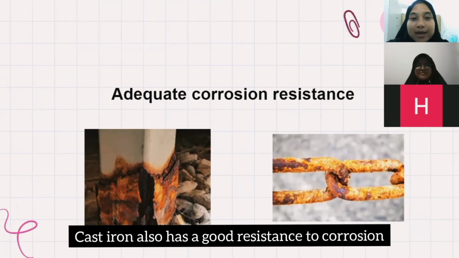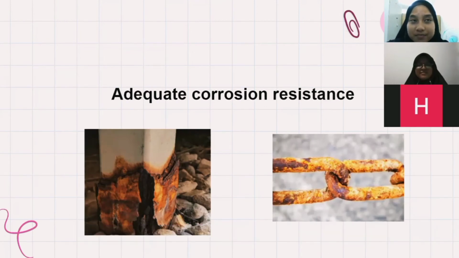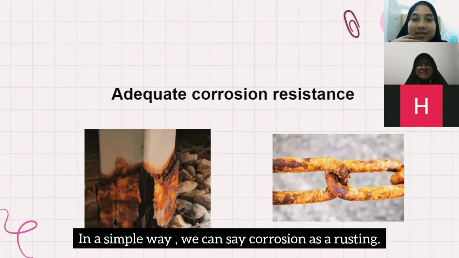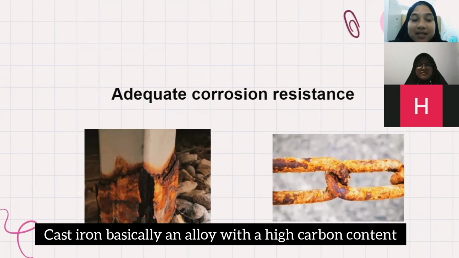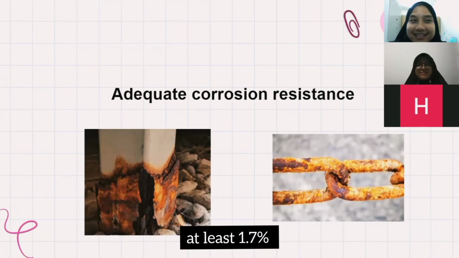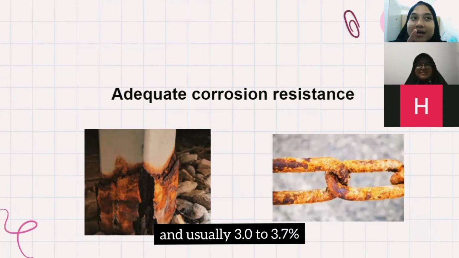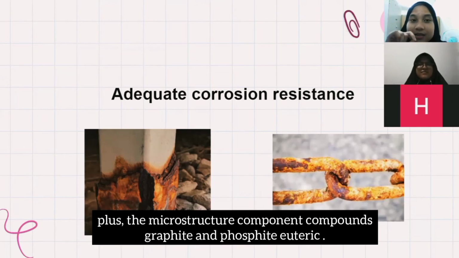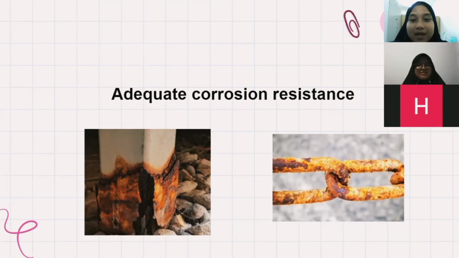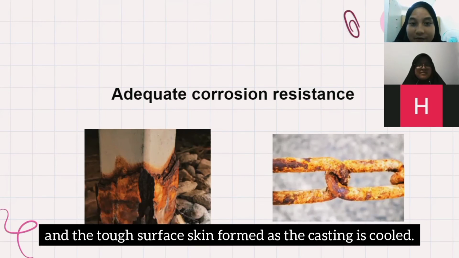Cast iron also has a good resistance to corrosion. Corrosion, in a simple way, we can say is rusting. So, cast iron basically is an alloy with a high carbon content, at least 1.7%, and usually 3 to 3.7%. Plus, there is the microstructure of graphite and phosphide eutectic, and a tough surface skin forms as the casting is cooled.